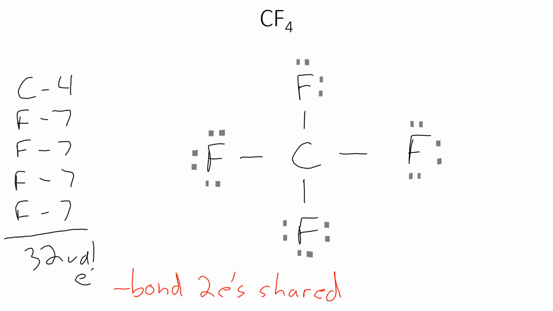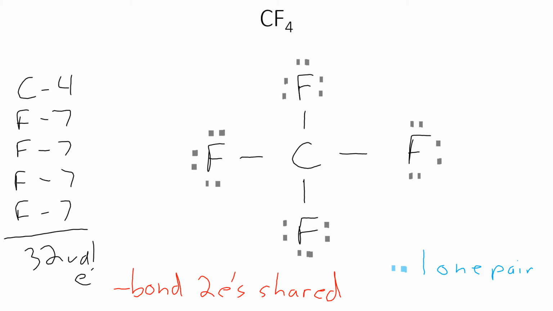These lone pairs are always going to come in pairs. You're very rarely going to have any sort of isolated electrons. They're almost always coming in pairs. So whenever you write a pair of dots, I'll show this in blue on the bottom, every pair of dots that you write in a Lewis structure is a lone pair, where each dot represents an electron, and they usually are coming in pairs.